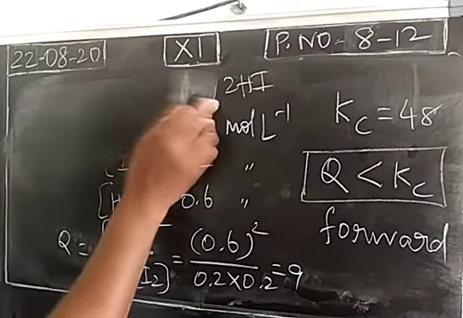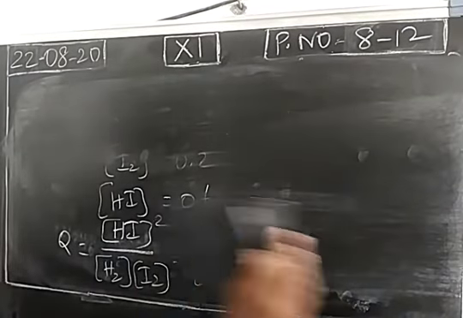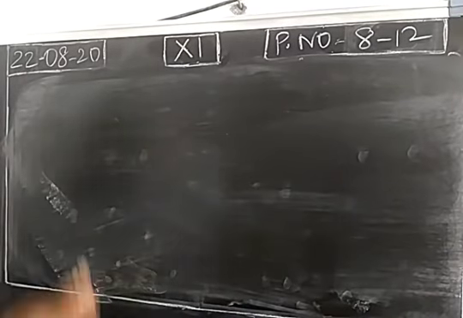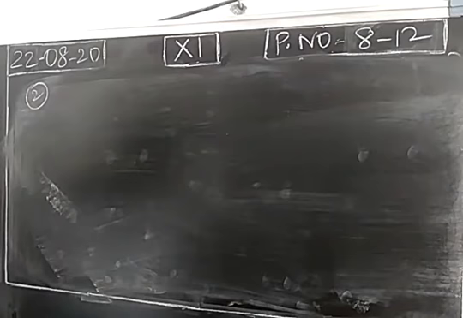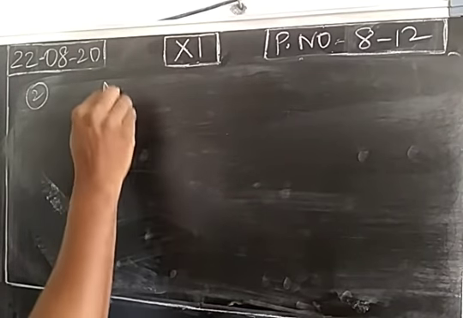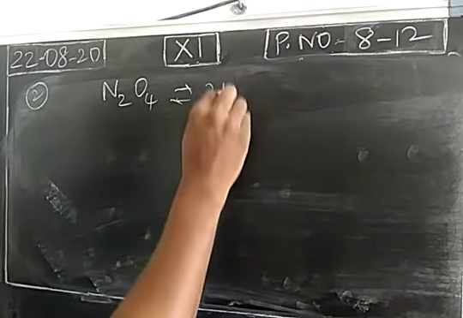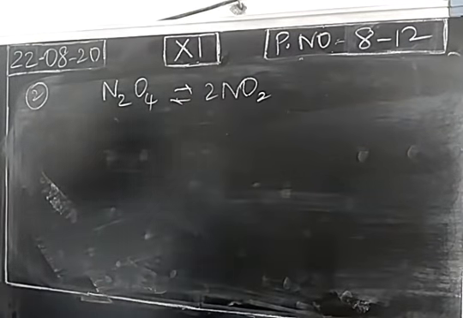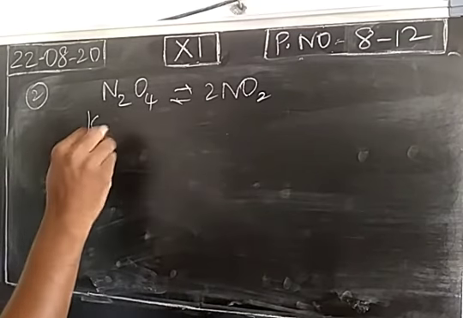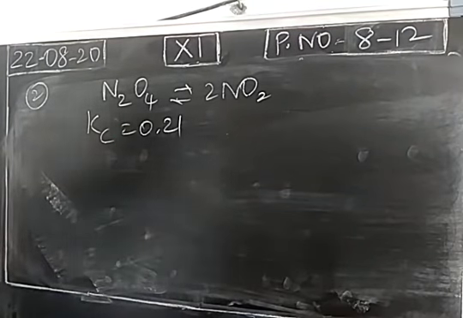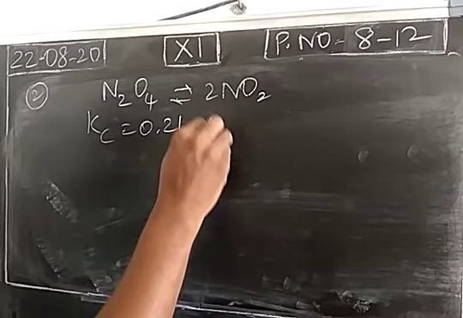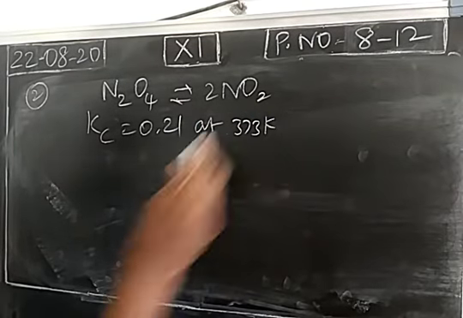Second problem. Decomposition of dinitrogen tetroxide, which decomposes to produce 2 molecules of nitrogen dioxide. Kc value is given as 0.21 at 373 Kelvin.